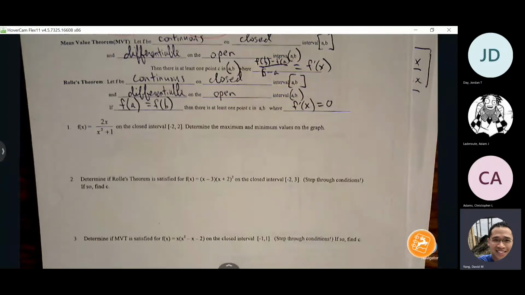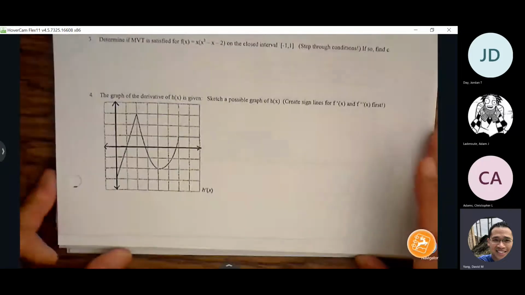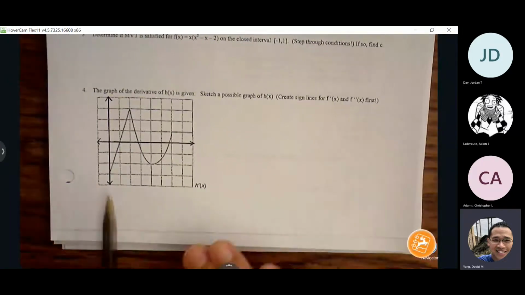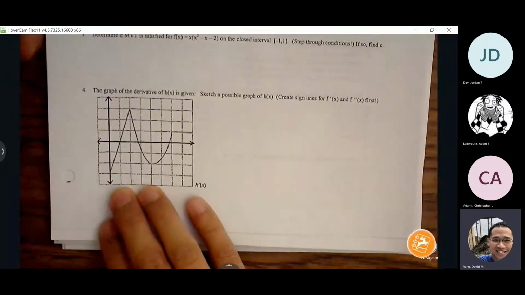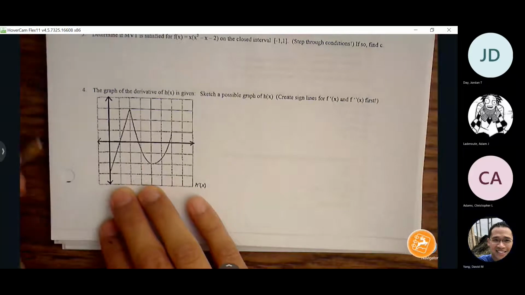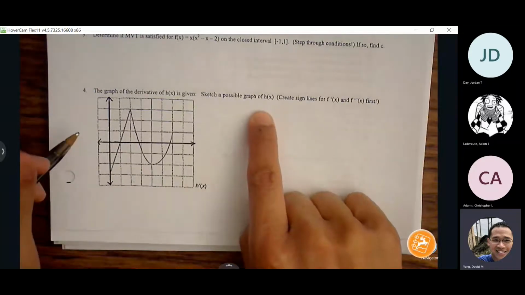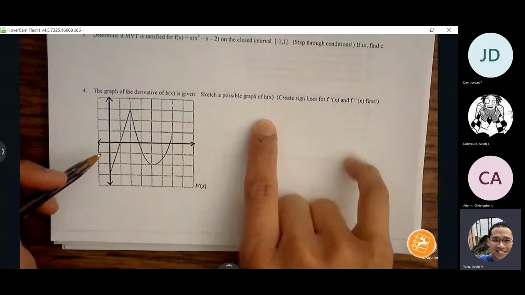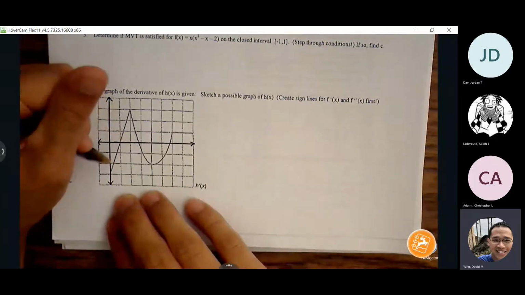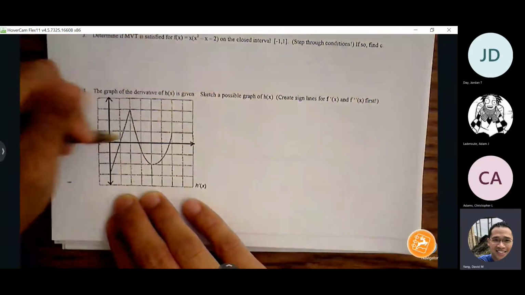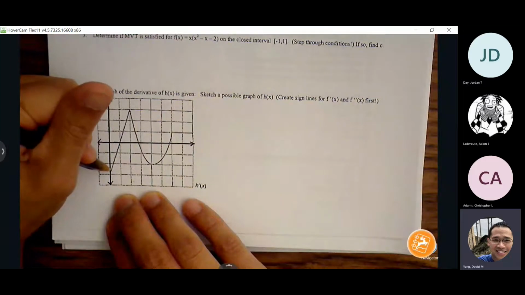Okay, number 4, this is a good practice for us to create our graph based off of f prime. So this is the f prime graph. We just want to sketch a possible graph of f of x. So remember, let me highlight this graph a little bit here.